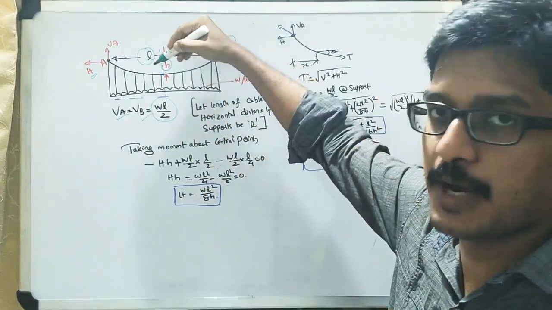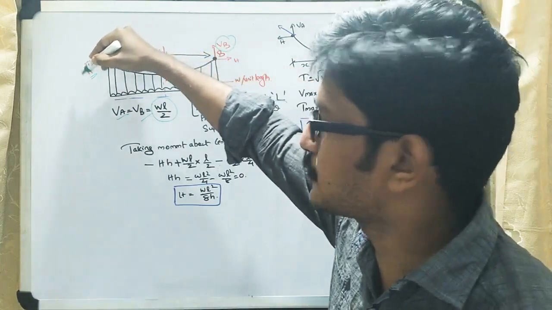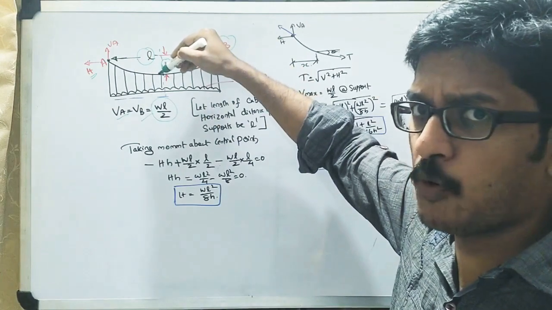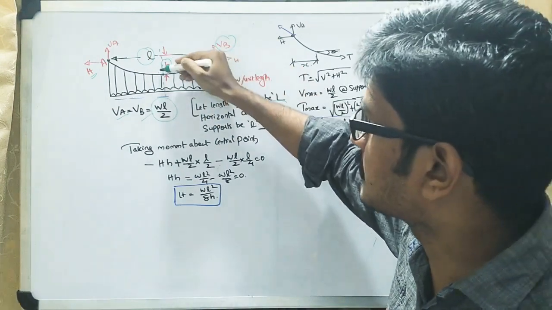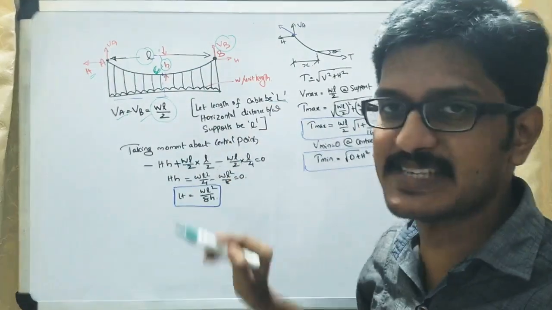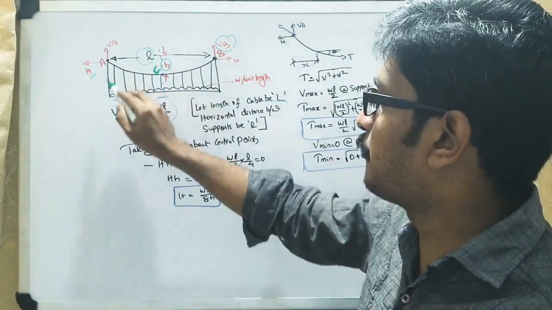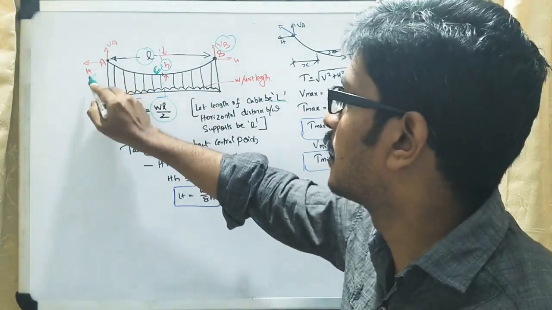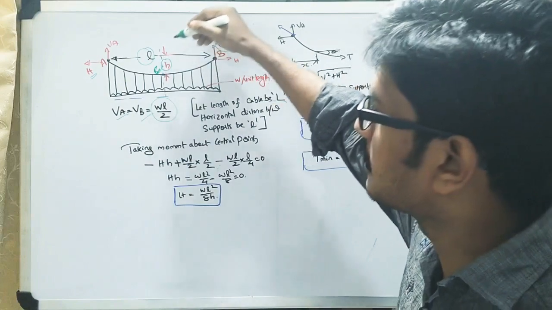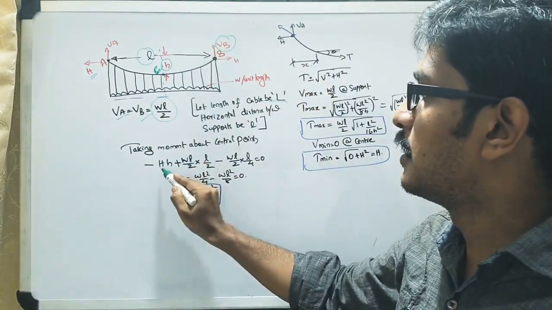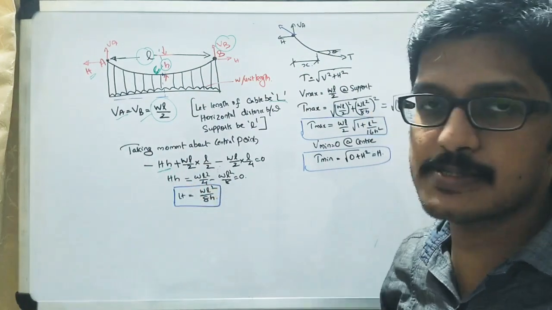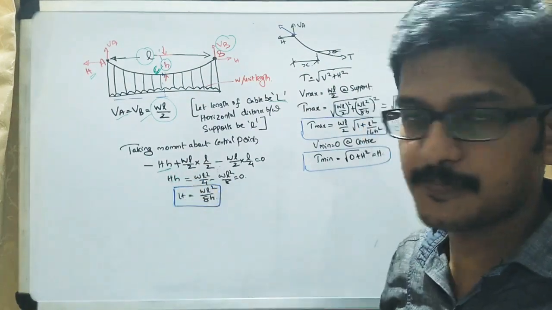Then our next aim is to find the capital H, that is the horizontal thrust. Let us take the center point as C and take moments about this point C. H is in the anti-clockwise direction, so the value is minus capital H into small h.